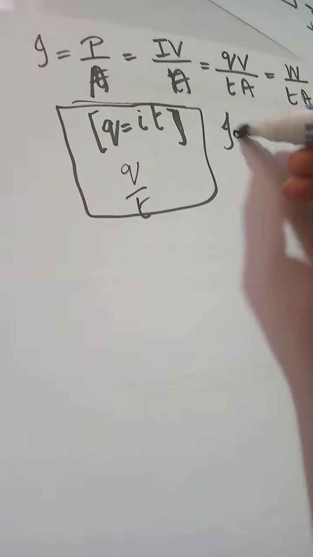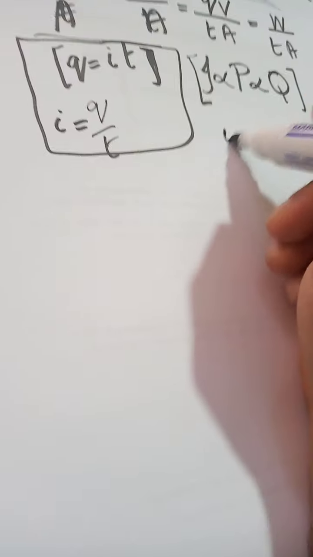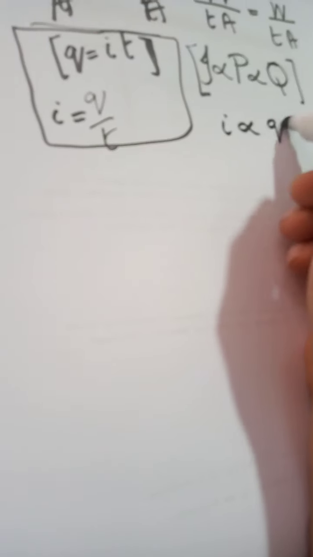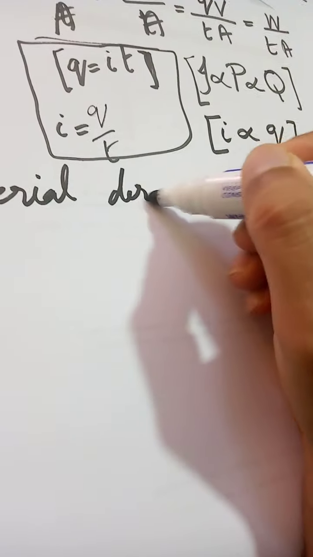So I is proportional to power, proportional to Q. So that's why it's direct proportion.